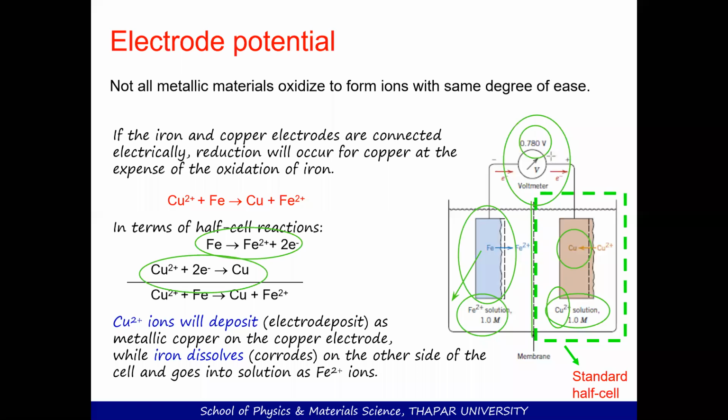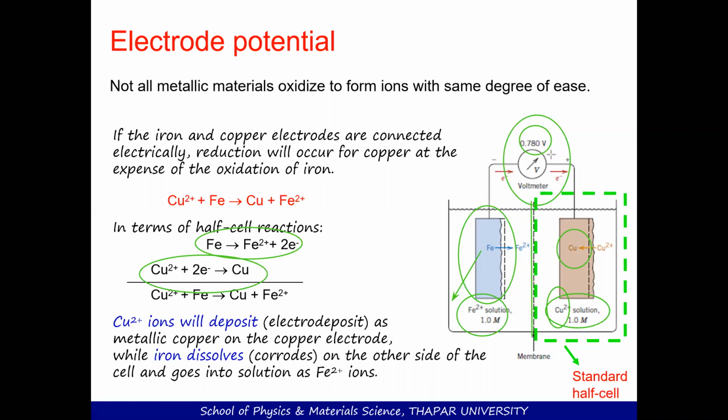Remember, this voltage depends on the nature of the material. So instead of iron or copper, if I have another pair of metals, your electrode potential will be different. At a later stage, I will explain what the significance is if this number is different.